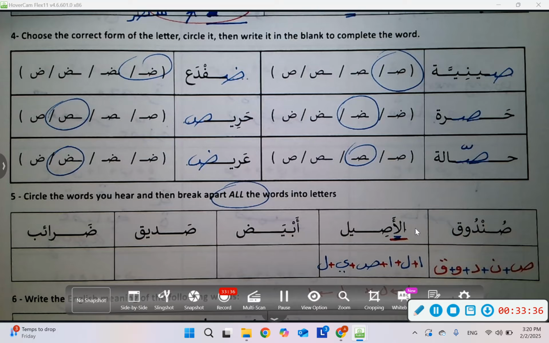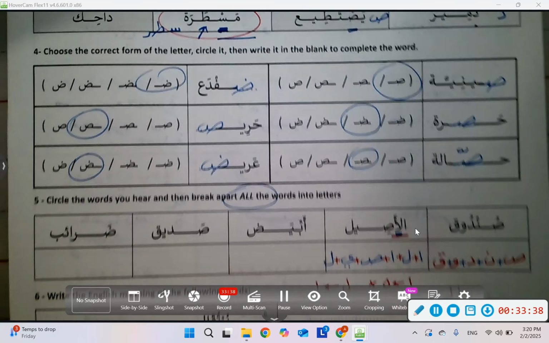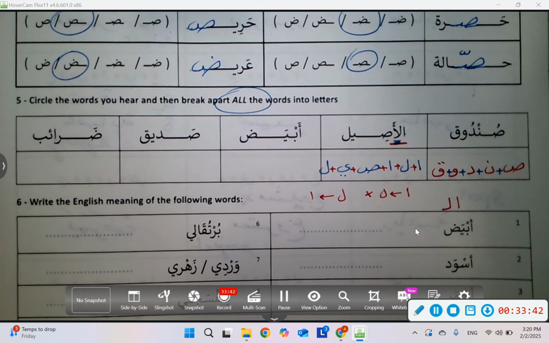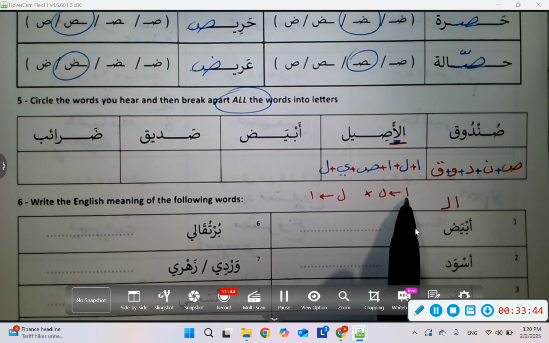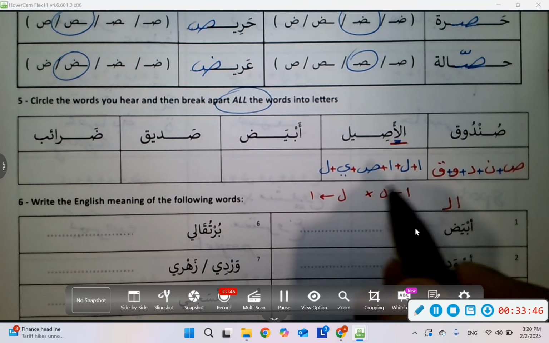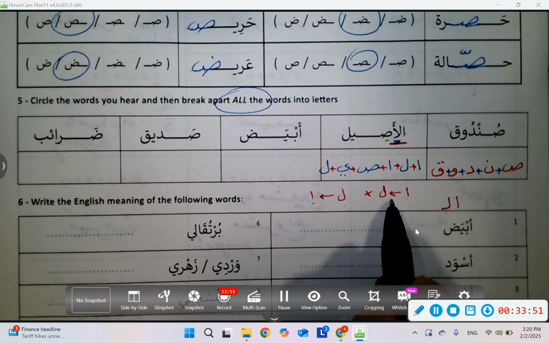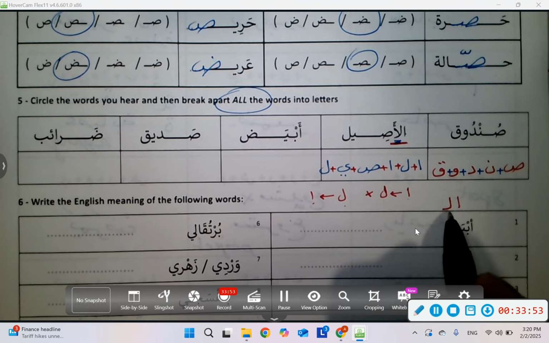Oh, I'm sorry. You didn't see it? So again, it's not alif then lam. It's lam then alif. Because alif and lam are written like this.